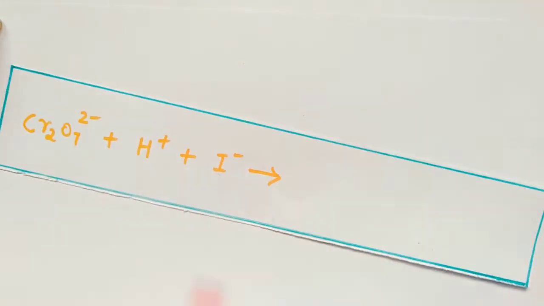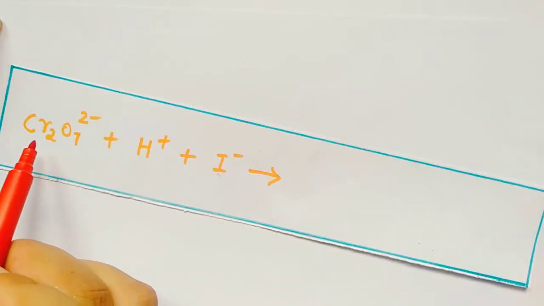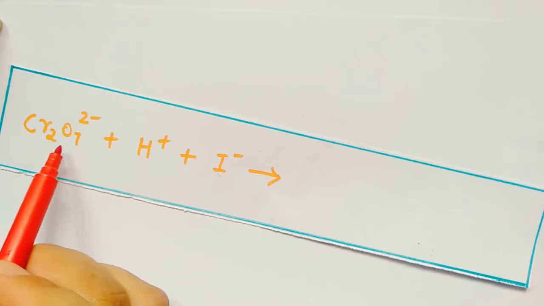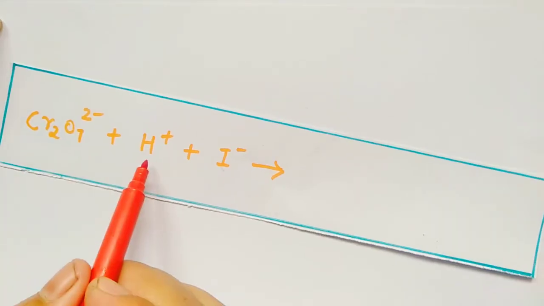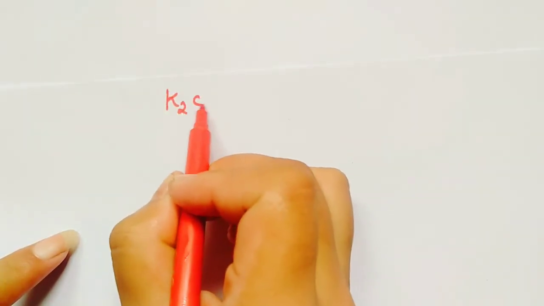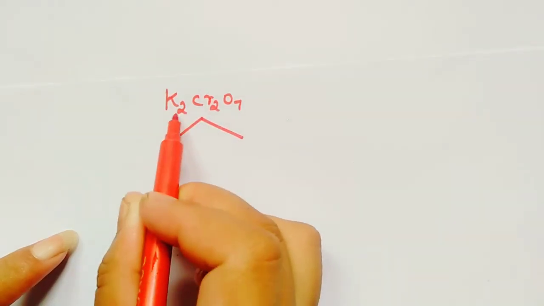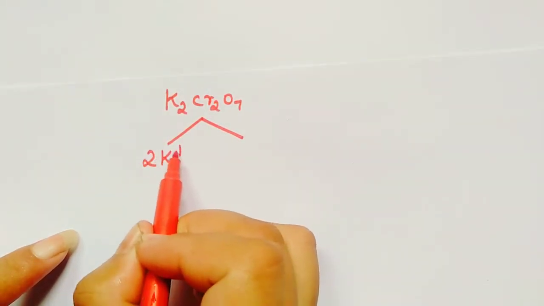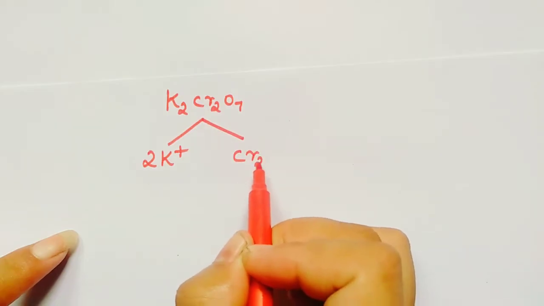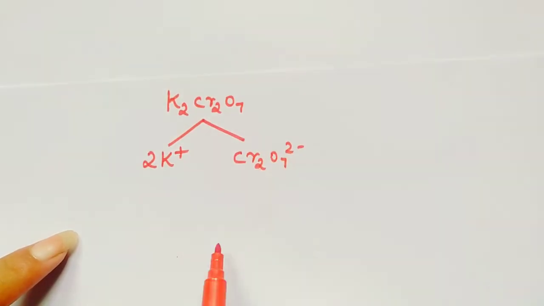See, we see that here what happened, this is a dichromate ion in the acidic medium. So first you have to know this one. Potassium dichromate has 2 parts. We can write this as 2K plus and Cr2O7 2 minus.